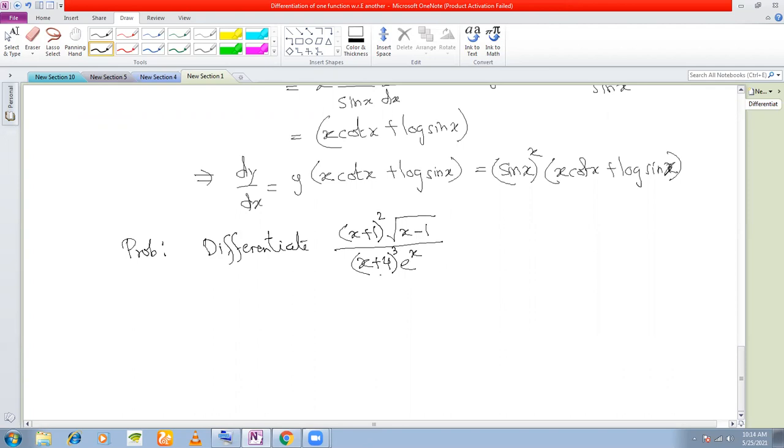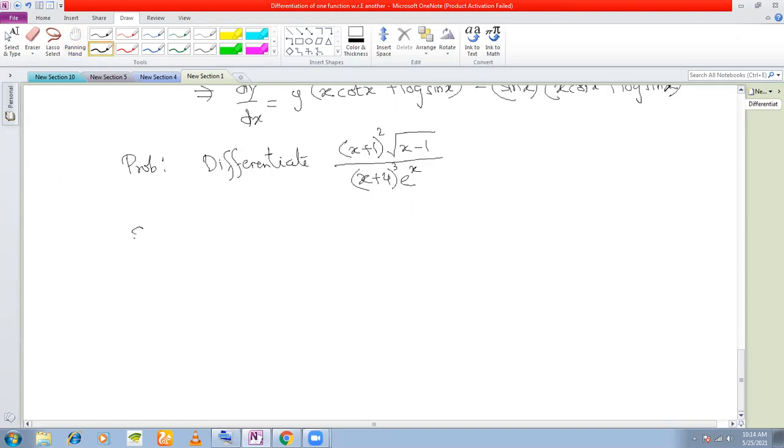See this is actually a product of functions which have been raised to certain powers, right? Now here, it will be difficult to differentiate directly because you will have to first use u by v rule, and then again you have to use u into v rule, isn't it? So what you do here is you use logarithmic differentiation.